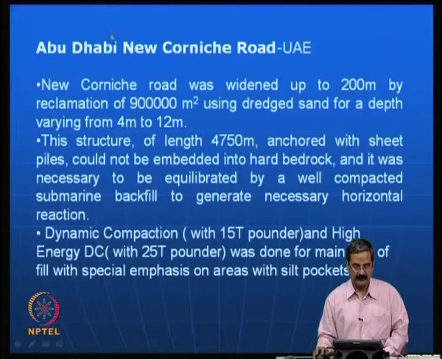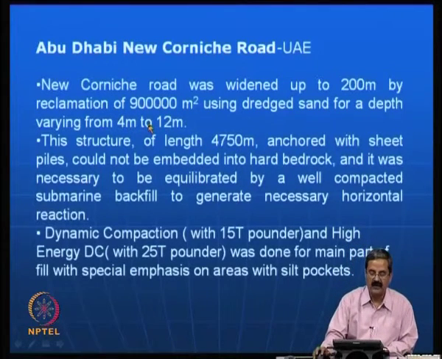There is another one, which is an airport close to a road. The road is widened up to 200 meters by reclamation of about 0.9 million square meters, using dredged sand for a depth varying from 4 to 12 meters. It is a road widening project, so a lot of filling is involved.